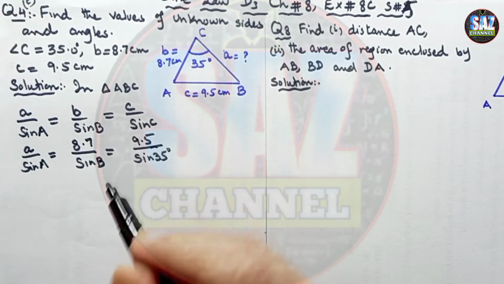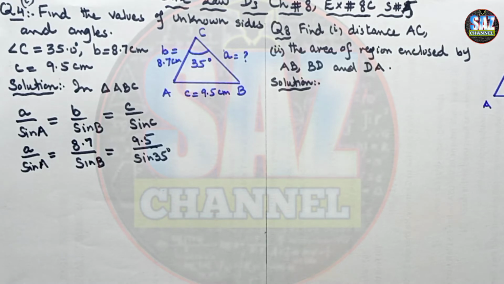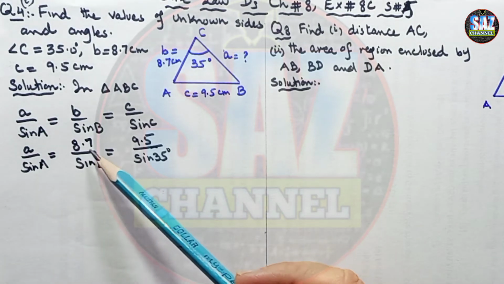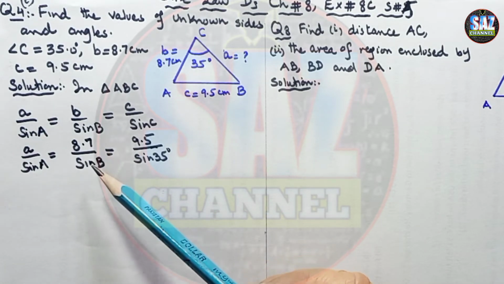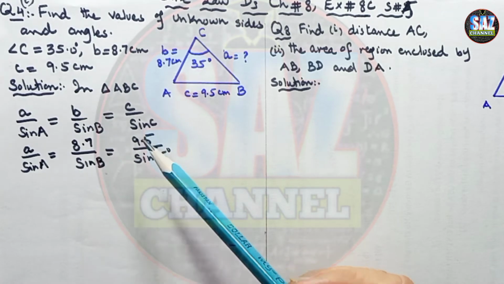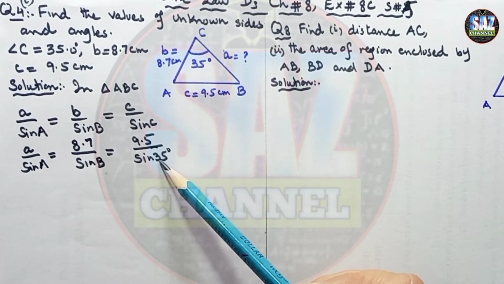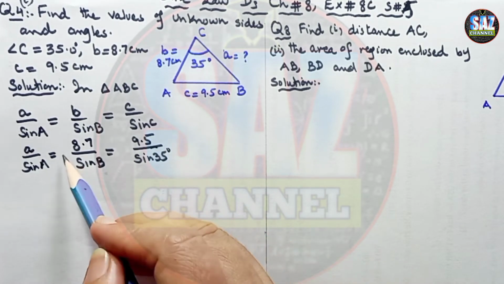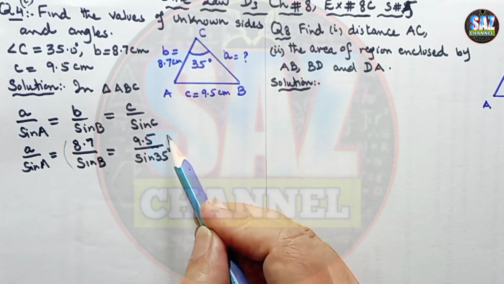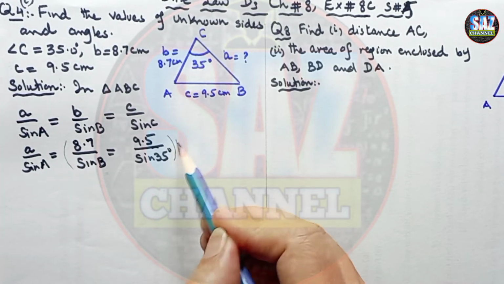Now if we look at this portion of the equation, 8.7 upon sine B equals 9.5 upon sine 35 degrees, in the beginning we'll be taking this portion and finding the value of angle B.